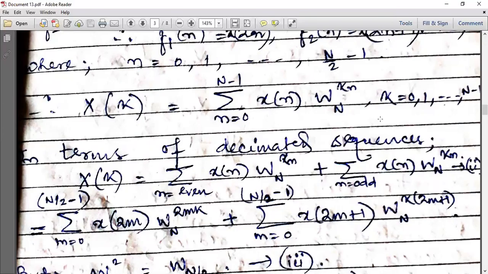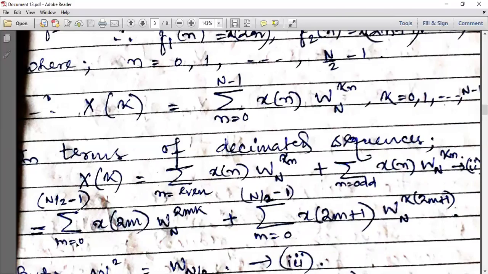Now this even part is further written as summation of m equal to 0. I have taken a variable m. Remember, this is n equal to even, n equal to odd. In the next line, I have taken this variable m. Don't think it is written wrong. It's correct. No problem. I've taken a variable to denote even numbered and odd numbered samples.